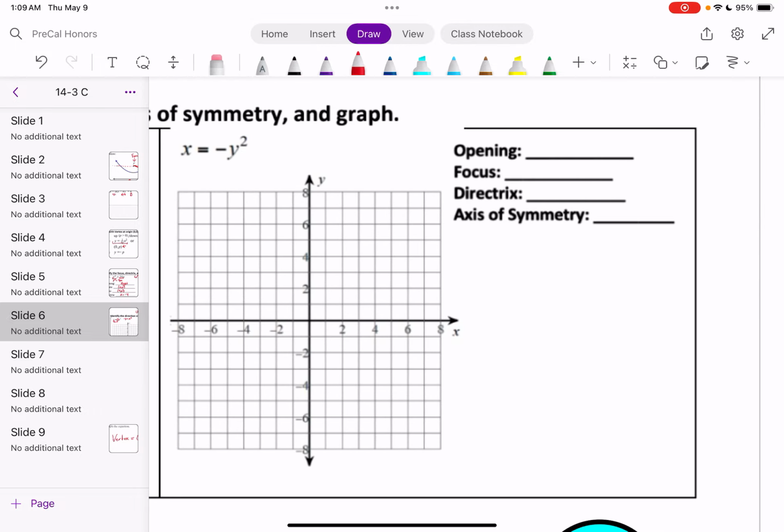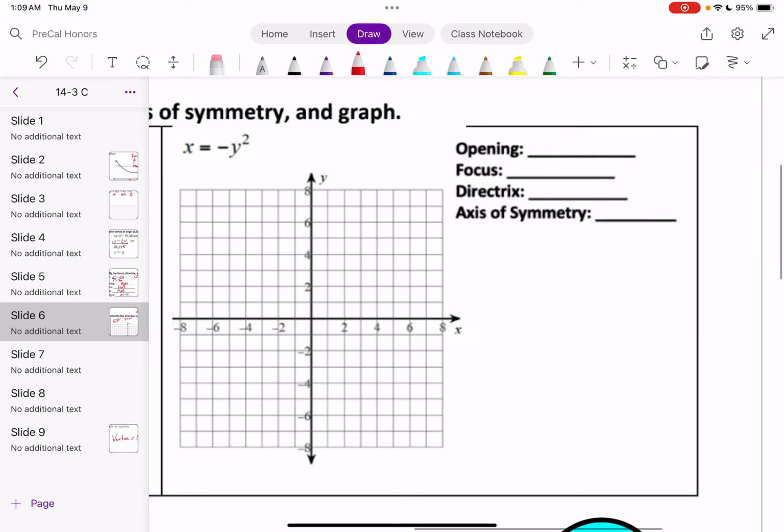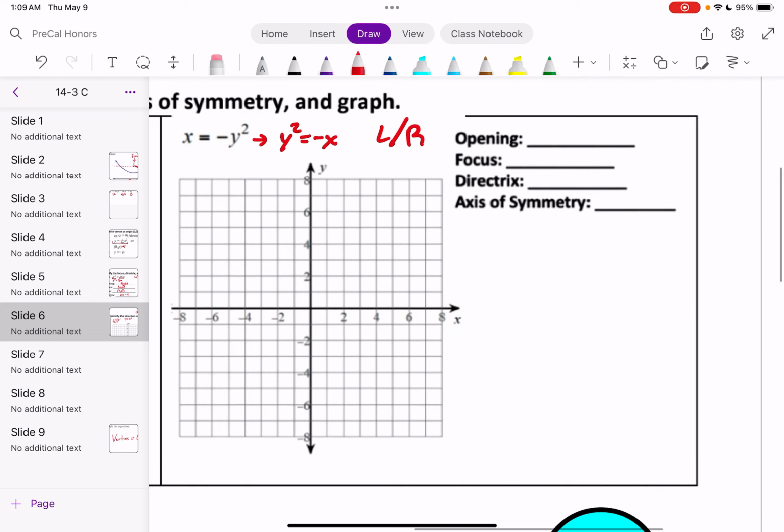Let's take a look at our next problem. In this case, we would go ahead and rewrite our problem as y squared is equal to negative x. Now, because we are working with a y squared equation, this means that we are going to be working left and right. Now, we need to go ahead and solve for p.